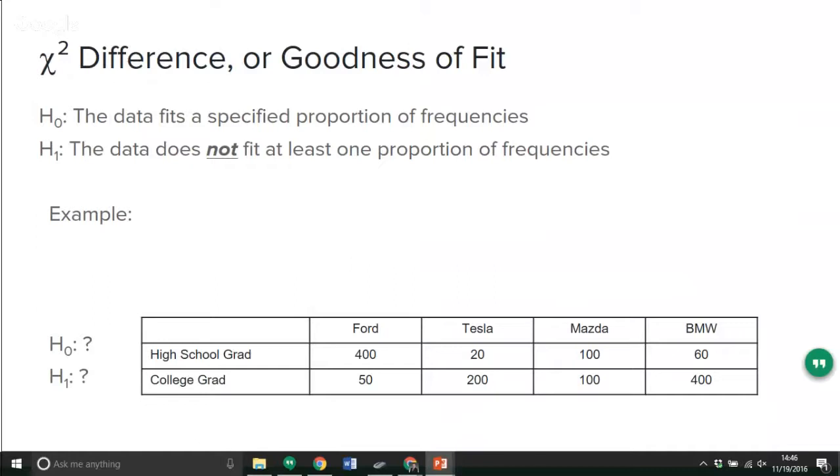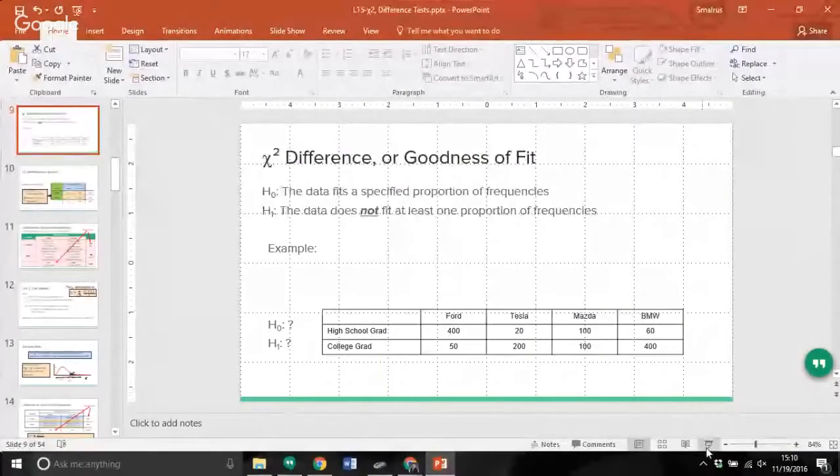So the data does not fit at least one proportion of frequencies. Again, with this example, either the data fits the specified proportion of frequencies that we would hypothesize in the population, or the data does not fit at least one proportion of frequency.